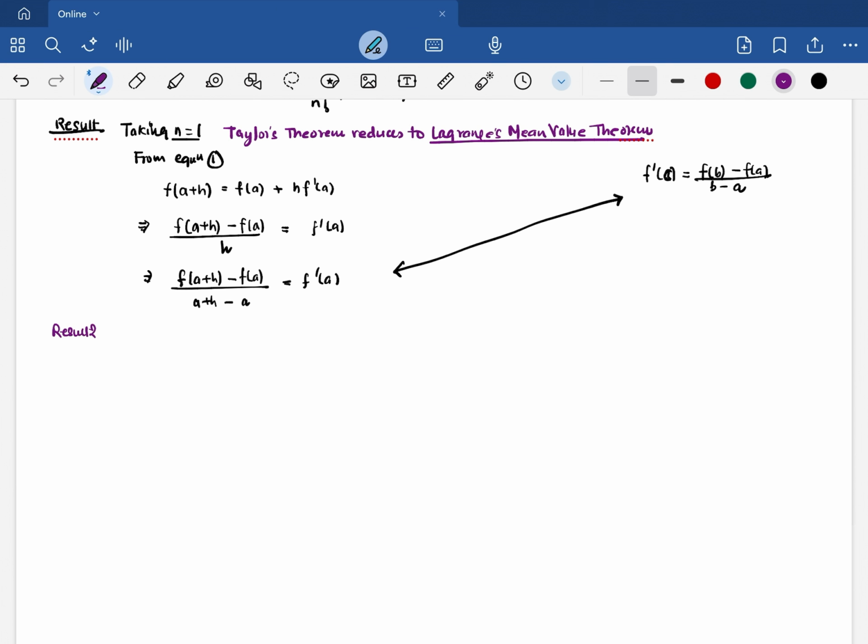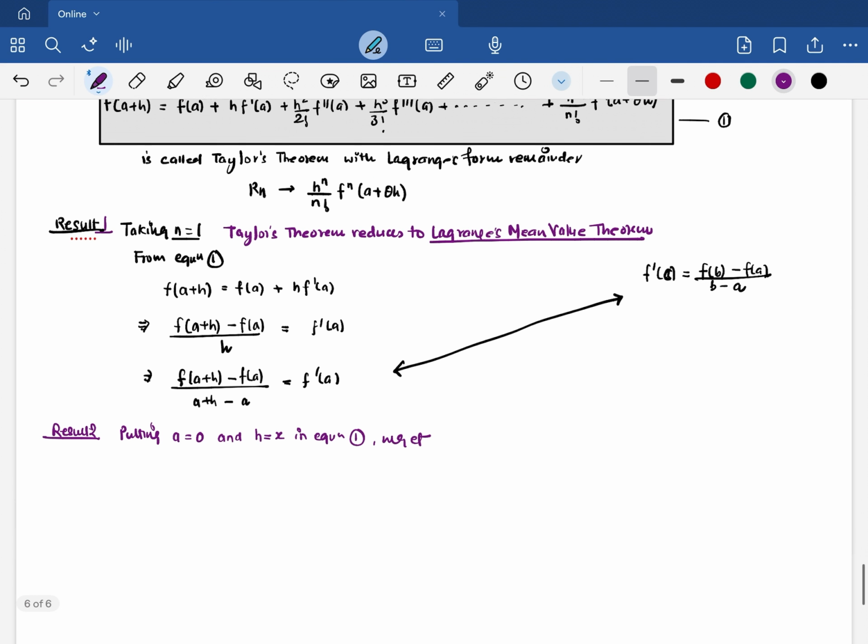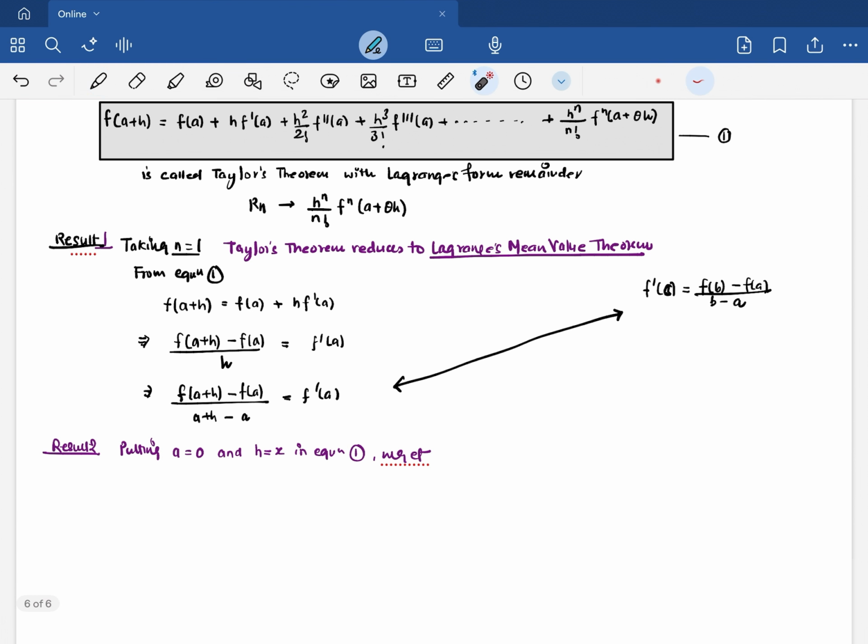Now let's talk about result 2. This was result number 1. Putting a is equal to 0 and h is equal to x in equation 1, what do we get? We are putting a is equal to 0, so these terms are 0, and h is equal to x. Let's put the values in the equation.